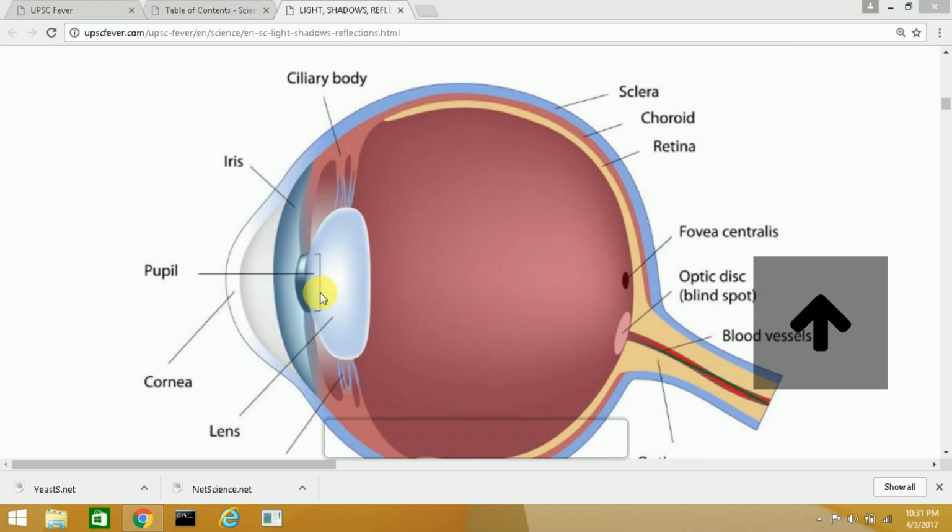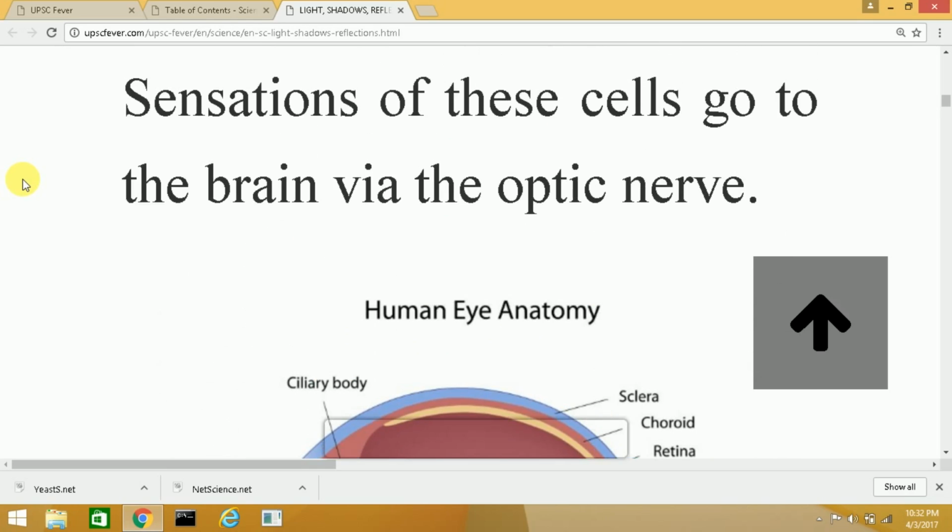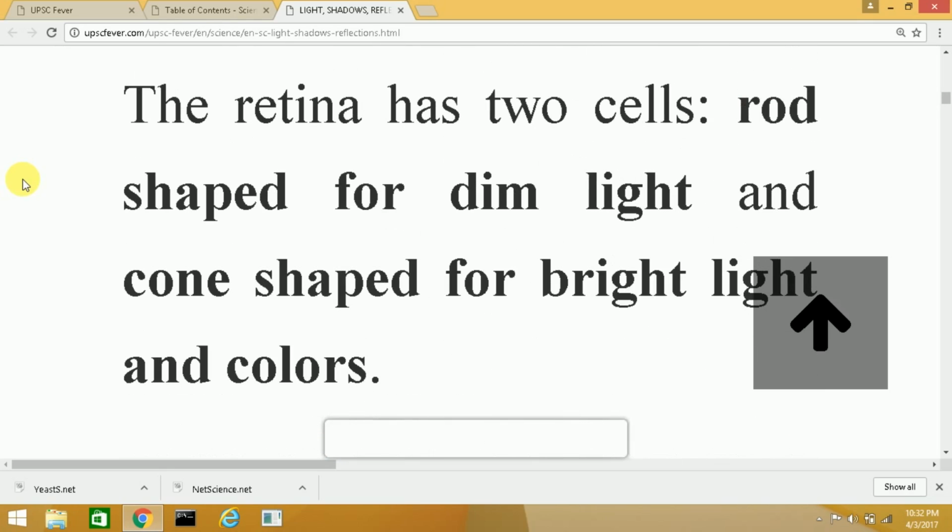Behind the pupil is a convex lens which focuses the light on the retina. The retina has two types of cells. One is the rod shaped cell, which is for detection of dim or low light, and the other is the cone shaped cells, which are used for detection of bright lights and colors. So you can note this down, the two types of cells that are present in the retina.